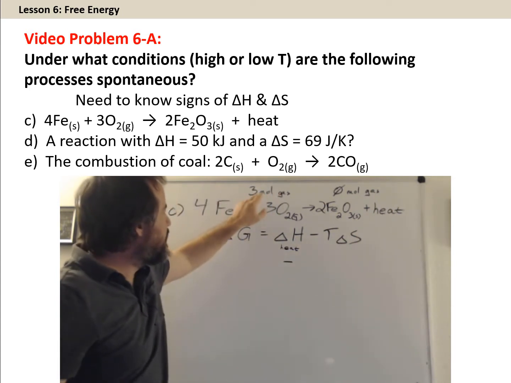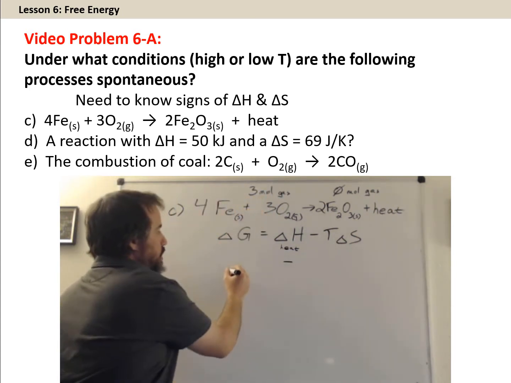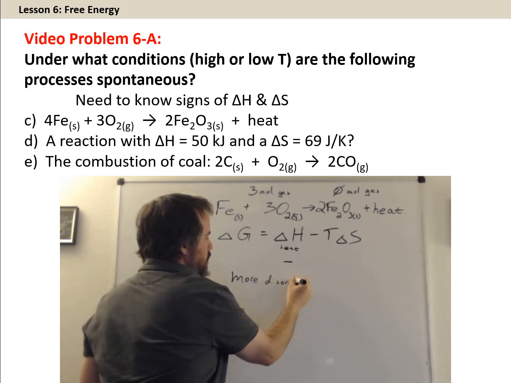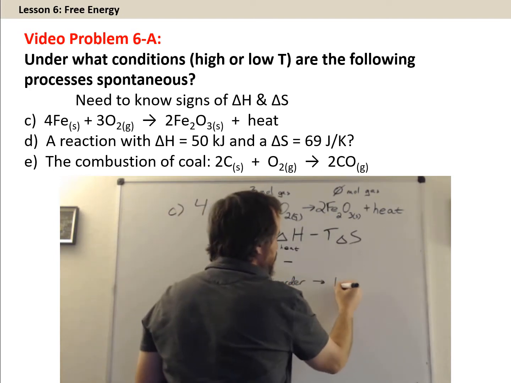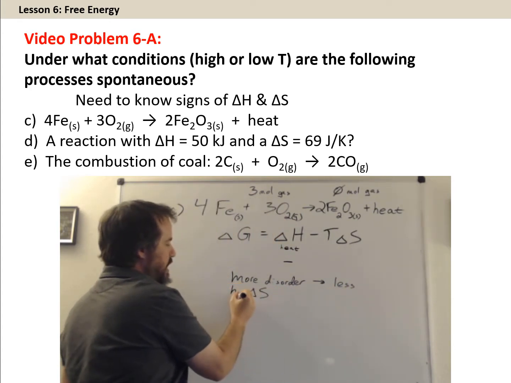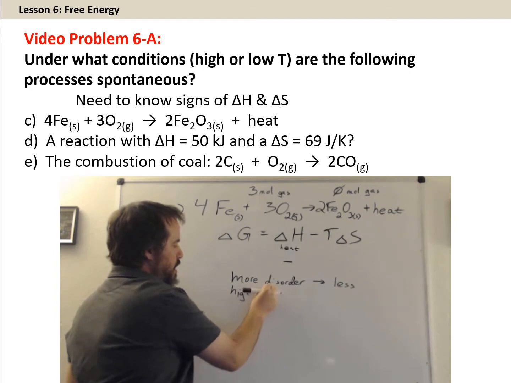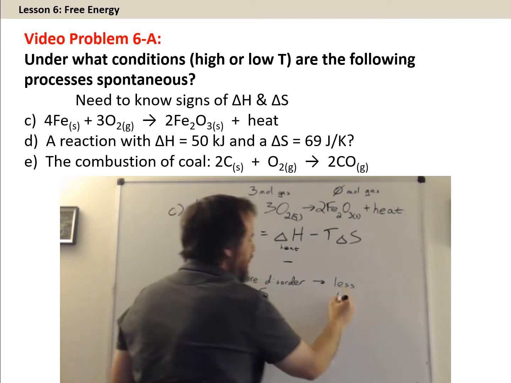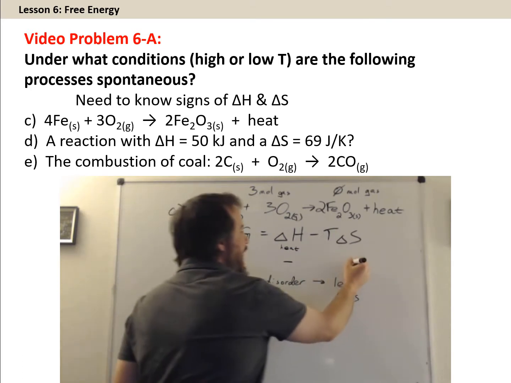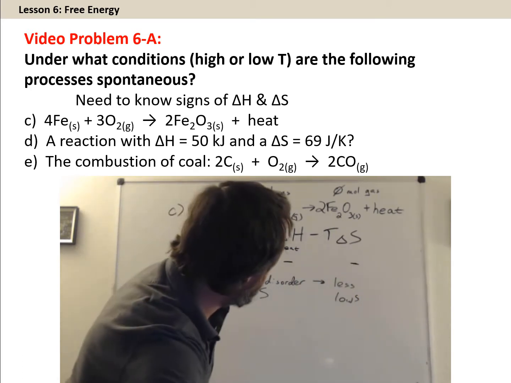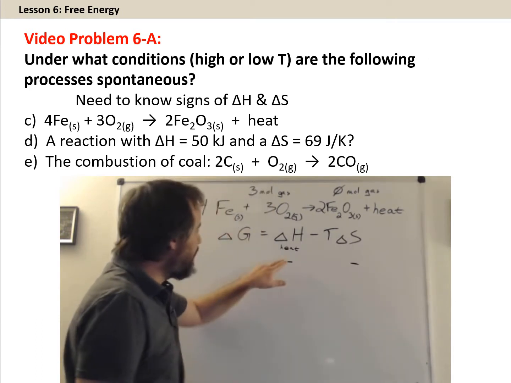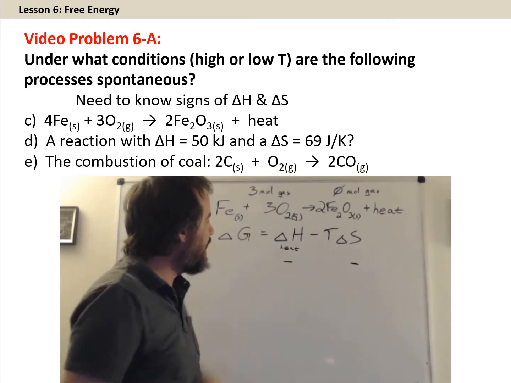This has more disorder going to less disorder. This has high S, this has low S. So if I'm going from high to low, that means my delta S is negative.